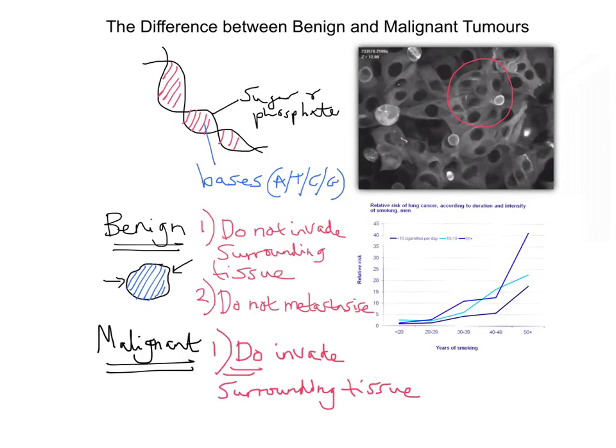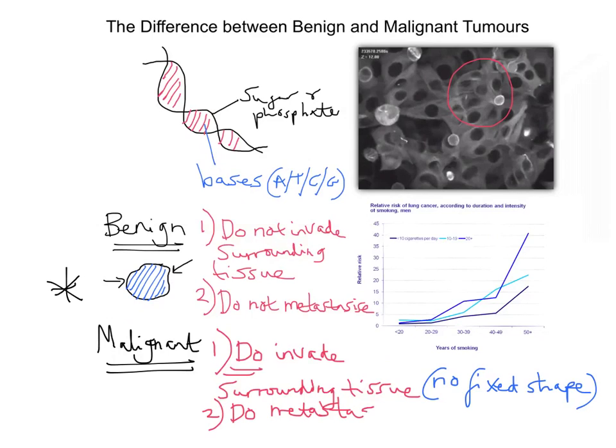So I wouldn't be able to draw this kind of picture that we had up here because it invades into surrounding tissue. It has no real fixed shape. In fact, I'll just put that here: no fixed shape. And the second key thing is that they do metastasize, which, as I said, means spread.